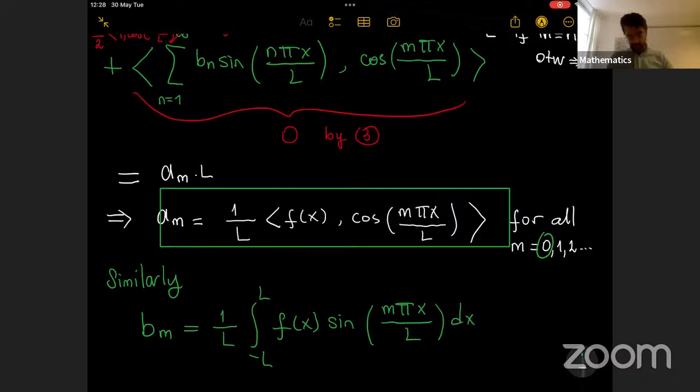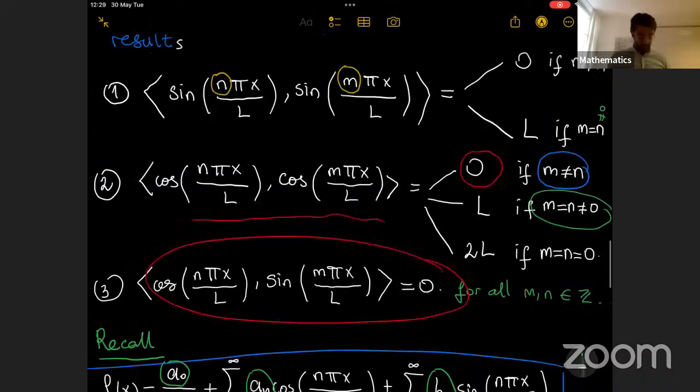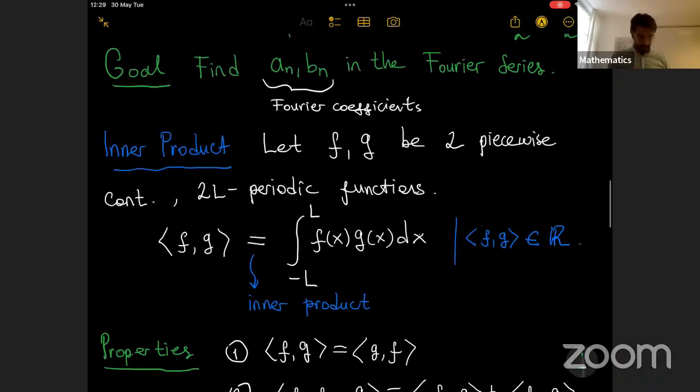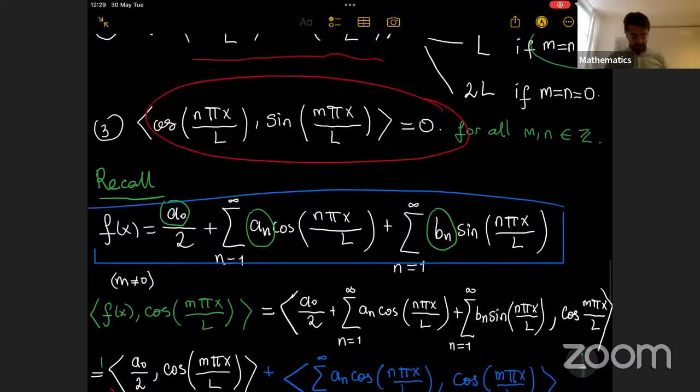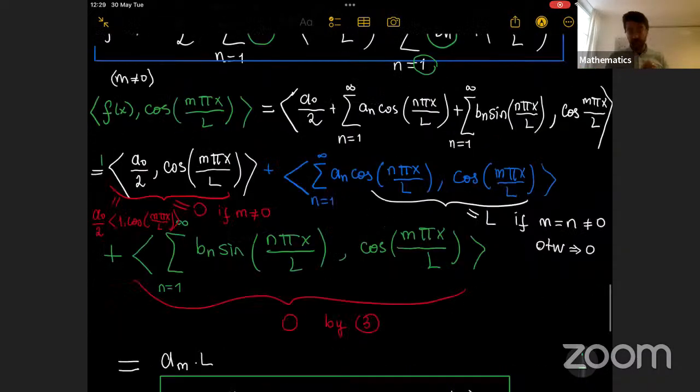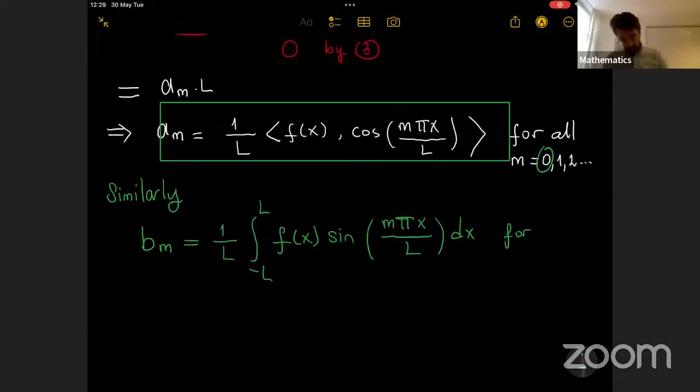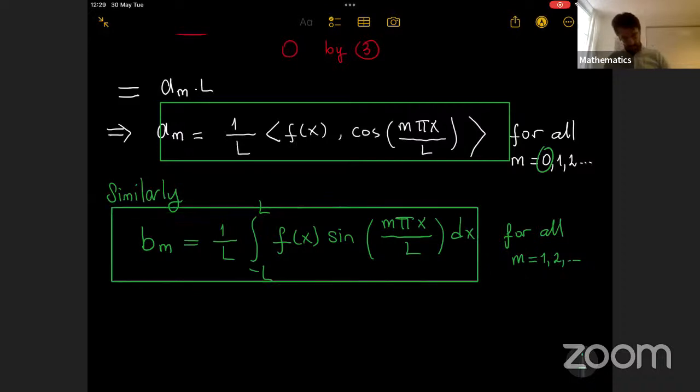It's quite similar to am. Now m starts with 1. In the formula, we don't have b0, right? Remember, in the Fourier series, b starts with 1. Here we have a0, but we don't have b0. So this is true for all m equal to 1, 2, and so on. So we have another important formula, for the coefficients of the sine function.